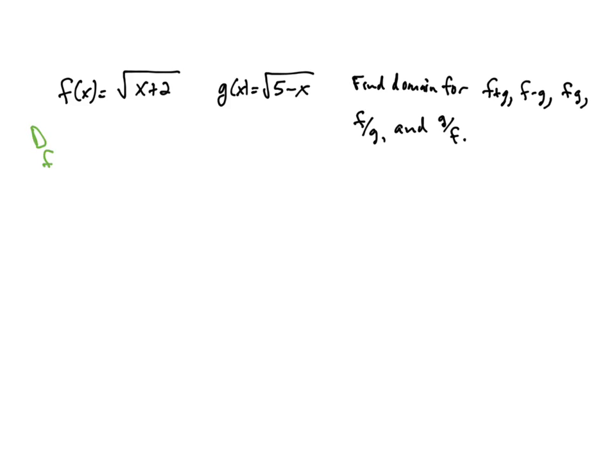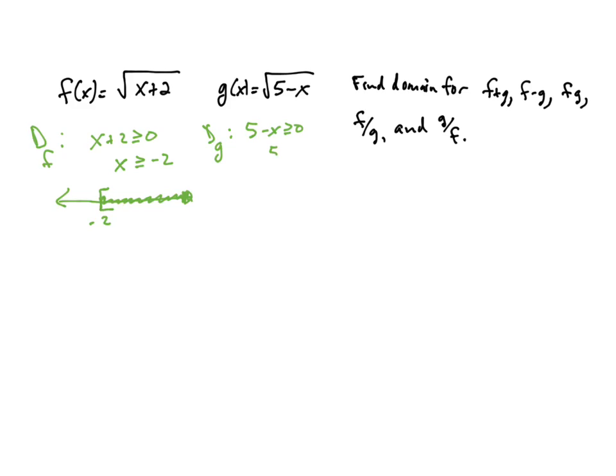So the domain of f, to find this, we take the radicand and we set it greater than or equal to 0. So x can be anything greater than or equal to -2. Looking at this on the number line, we'll cut off at -2 and we are above that. And then the domain for g, again, take the radicand, set it greater than or equal to 0.